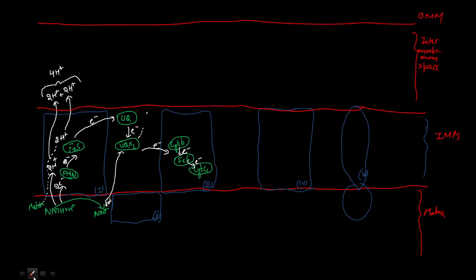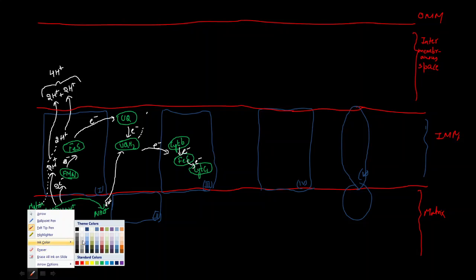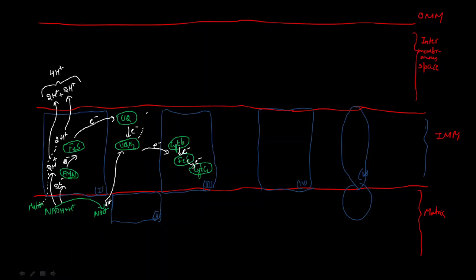These protons which are picked by ubiquinone H2 are going to get released towards the intermembranous space, but first they will enter inside the third complex and ultimately get released towards the intermembranous space.